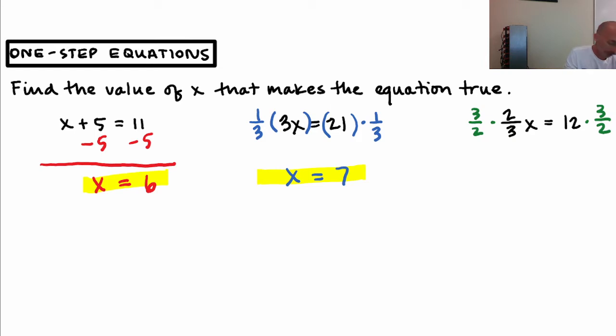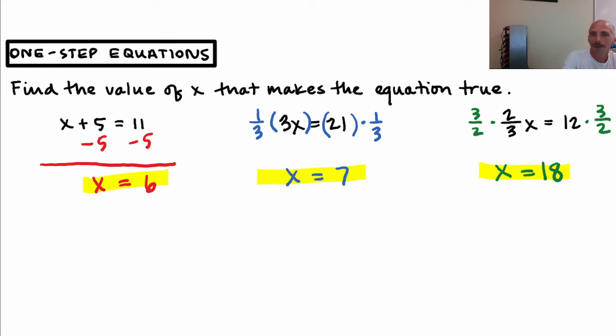Now I'm just going to have 1x on the left, equals 12 times 3/2. If I think about it really hard, I could see it, but I might instead just say 12 times 3 is 36, and 36 divided by 2 is 18. So x is going to equal 18. And that's the value of x that makes the equation true.